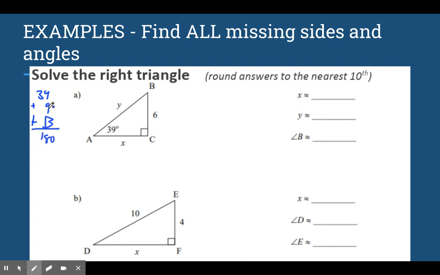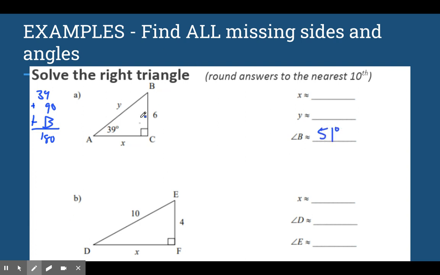This is a very unconventional way that I'm writing it. Sorry, that should be 90, not just 9. So we add those two together. 39 plus 90 gives you 129, which means that we subtract 129 from 180, which means that angle B is going to be 51 degrees. That one's super easy to find.